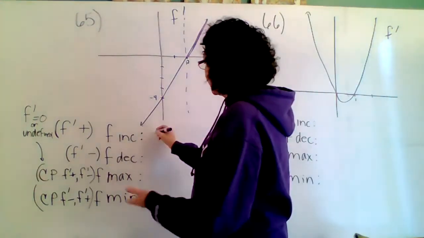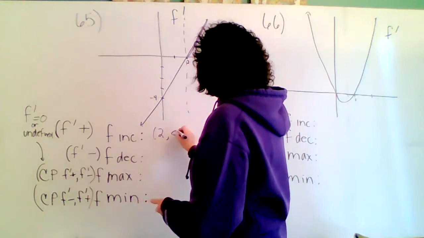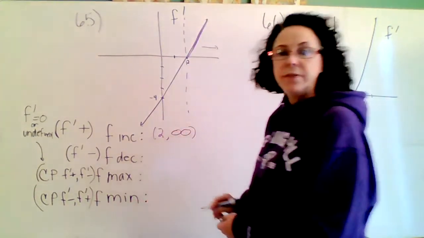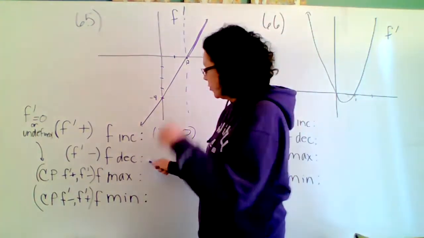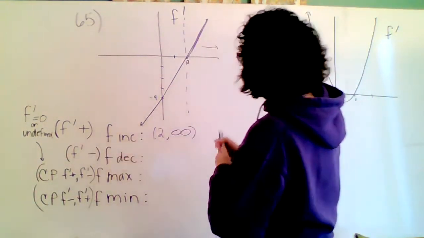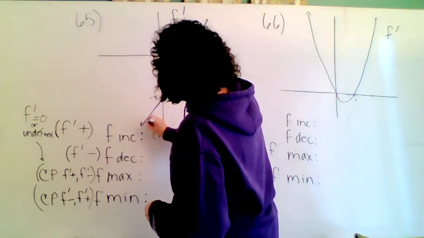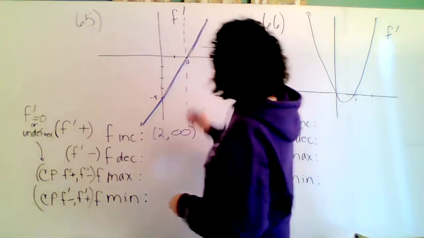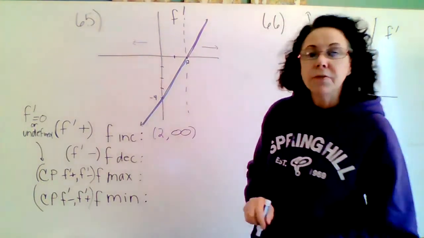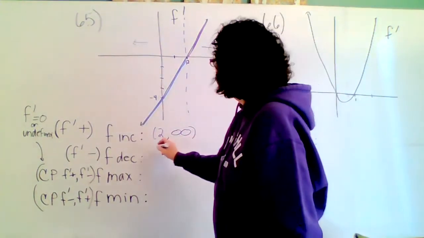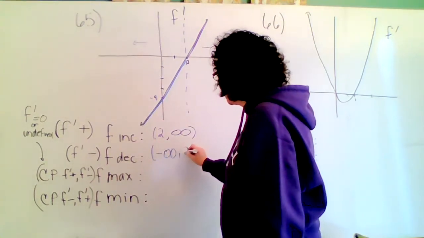So I can write that as an inequality, or I can write it as 2 to infinity. Where is F decreasing? That's where the derivative is recording negative values. That is right here in blue. Those are all negative y values. That happens to the left of 2, so that would be from negative infinity to 2.